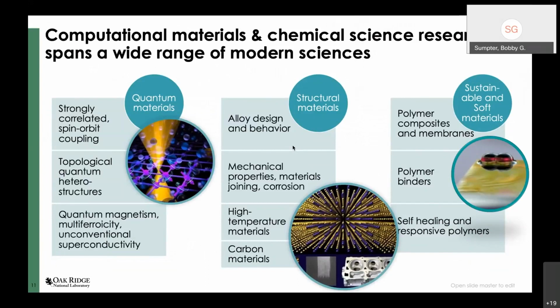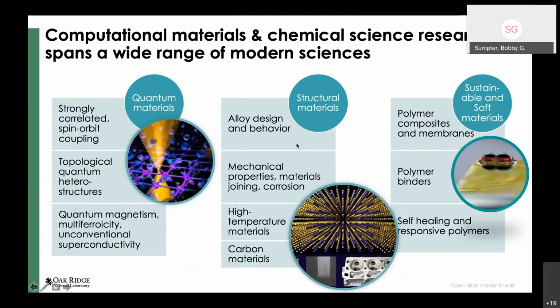Computational materials science and chemical sciences spans a huge range of different areas. More recently, areas in quantum materials and quantum computing, you've probably heard of that, such as topological properties and unusual magnetic properties. These techniques that we discussed can treat these to some extent.